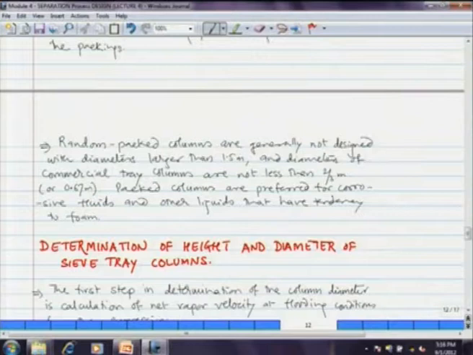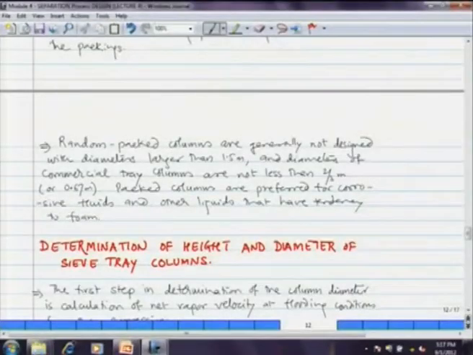And finally, random packed columns are generally not designed with diameters larger than 1.5 meter and diameters of the commercial tray columns are not less than 2/3 of a meter or 0.67 meters. Packed columns are preferred for corrosive fluids and other liquids that have tendency to foam. Why? Reason is very easy.